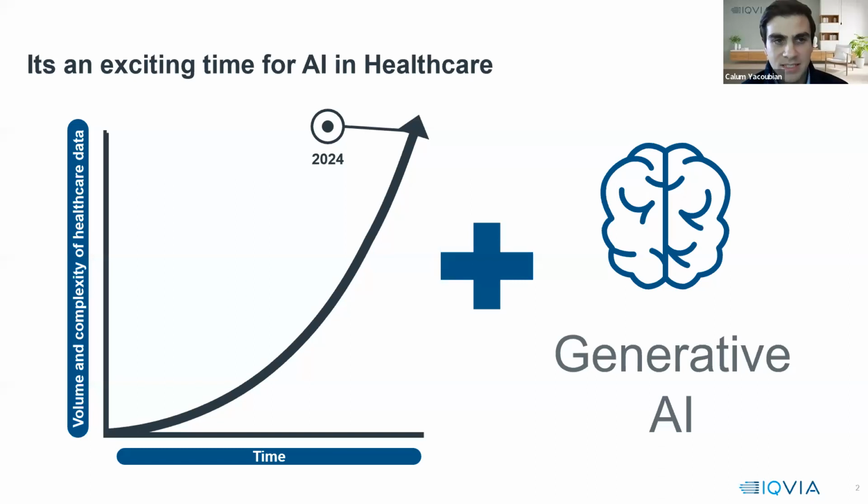We're at a very exciting time in healthcare, particularly because we have this advent of the AI revolution and the realization of the value of healthcare data, sat alongside a picture of ever evolving and growing volume and complexity of data in the healthcare space.